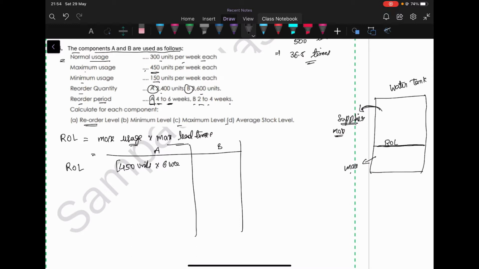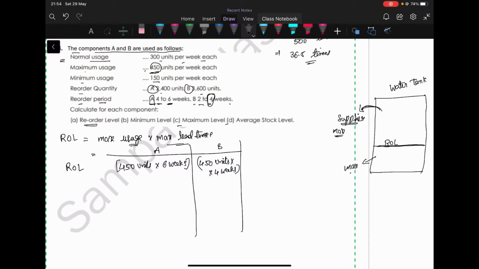For the second one, maximum usage is 450 units, and the time is 4 weeks for B. Now take the calculator.